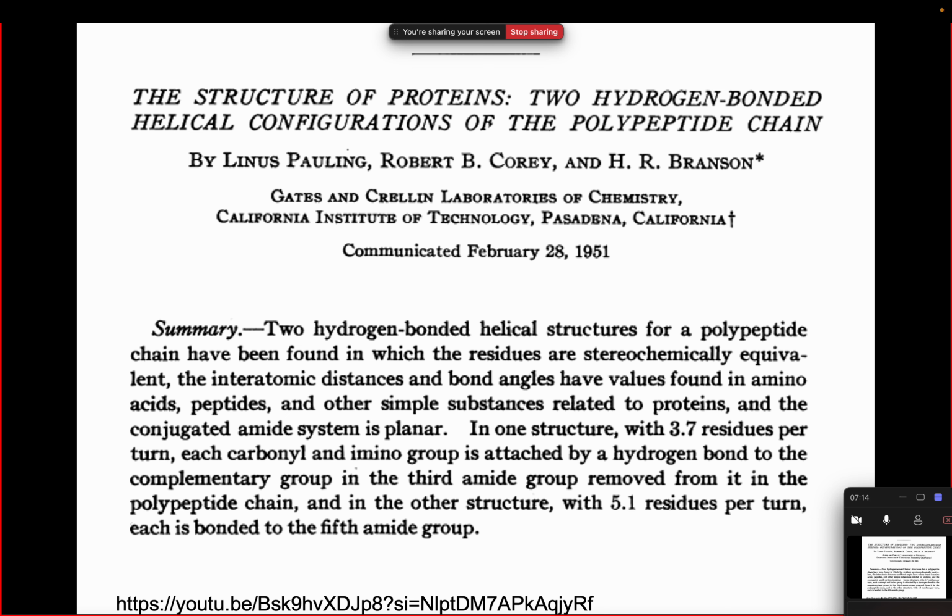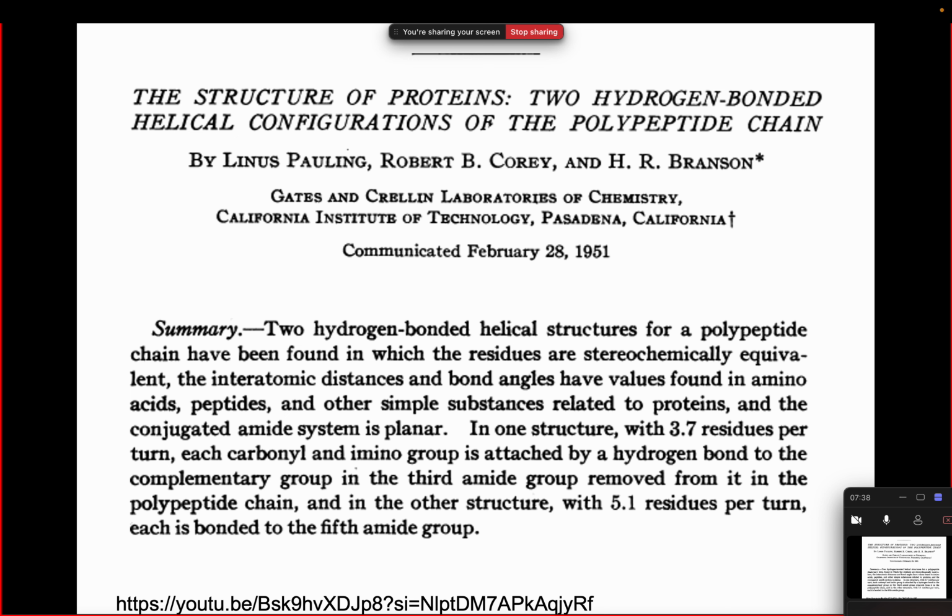In one structure with 3.7 residues per turn, each carbonyl and amino group is attached by a hydrogen bond to the complementary group in the third amide group removed from it in the polypeptide chain. And in the other structure with 5.1 residues per turn, each is bonded to the fifth amide group.